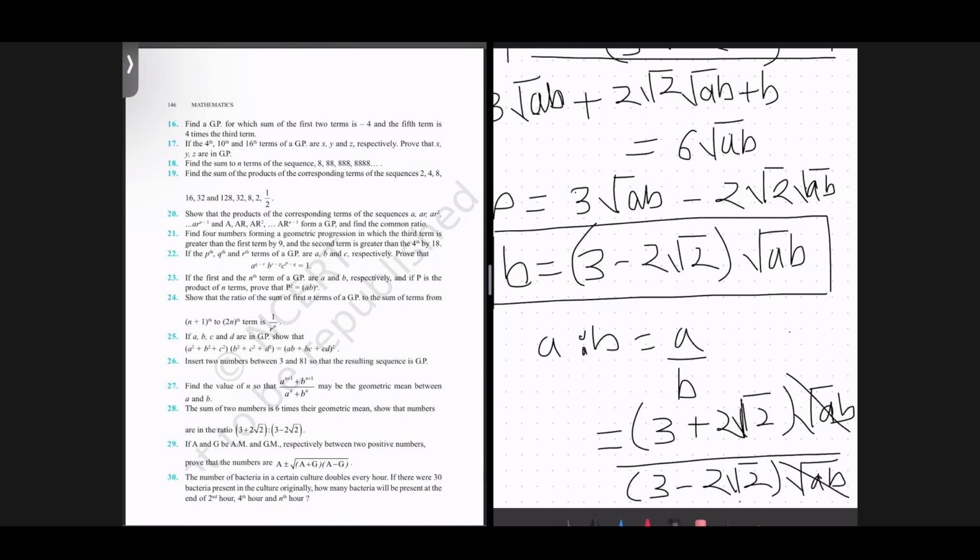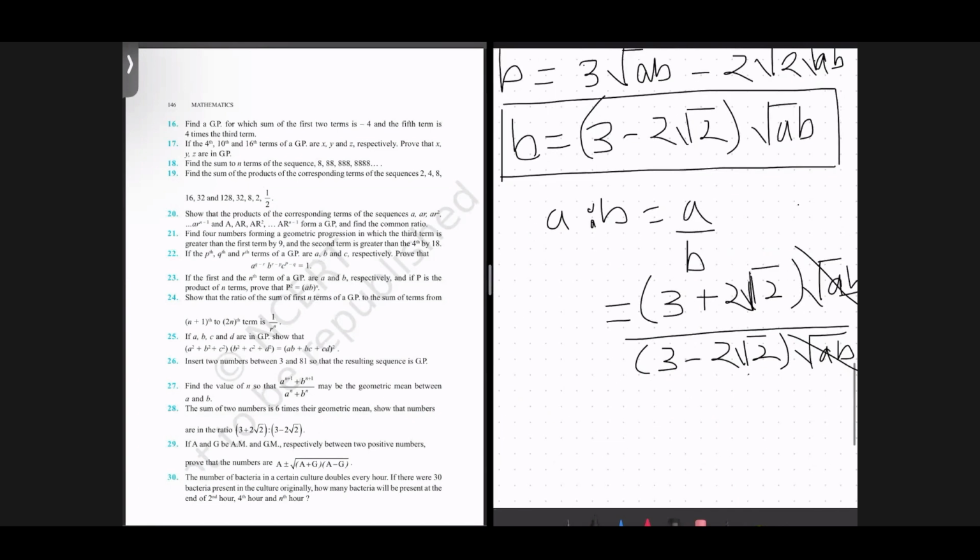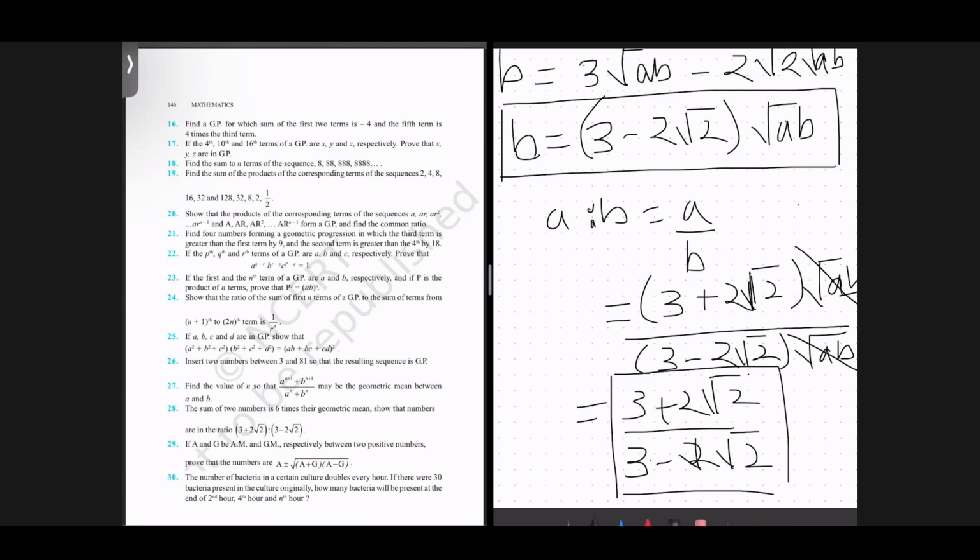Correct. Root ab and root ab get cancelled. What we are finally left with is 3 plus 2 root 2 upon 3 minus 2 root 2, which is what we had been asked to show. So that is your final answer. And that was question number 28 for you guys. Moving on.